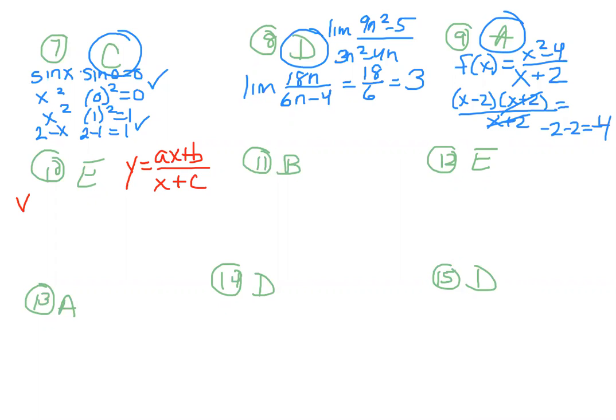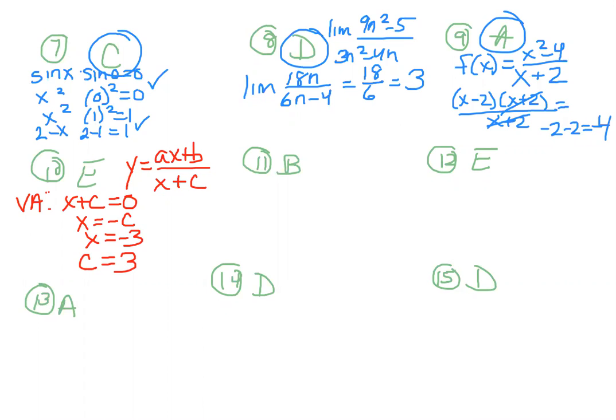Vertical asymptotes are where the bottom equals 0. So x plus c equals 0, x equals -c, and our vertical asymptote is x equals -3. So c has to equal 3.